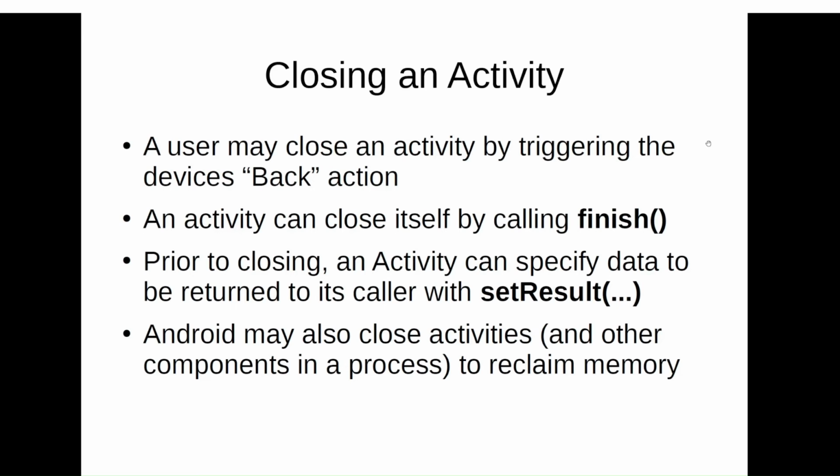For that to happen, the activity must make a call to set result prior to it being closed. This can be called anywhere and at any time and any number of times, as long as it happens before the activity closes. Once it closes, whatever value was set here will be returned to the caller or to the original activity.